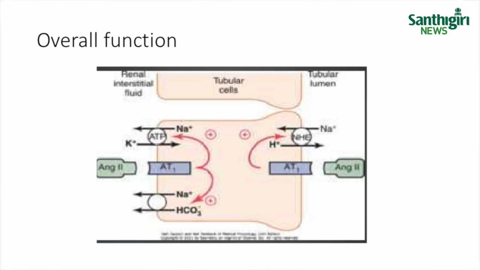In the tubular cells, with the help of sodium potassium ATPase, sodium enters into the ECF and in exchange potassium moves to the ICF, so that the sodium level is increased. On the lumen side, when sodium is reabsorbed, in exchange hydrogen ion is secreted into the lumen, so that the acid base balance is maintained.